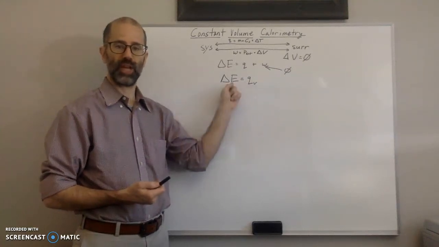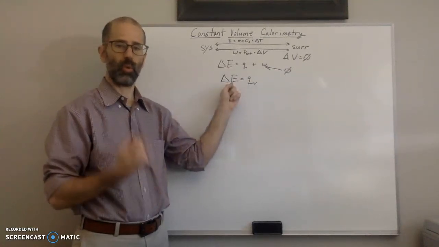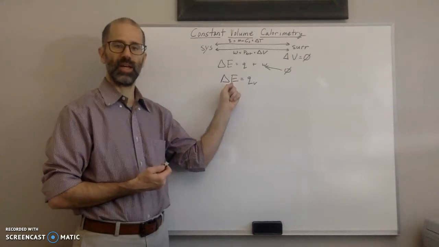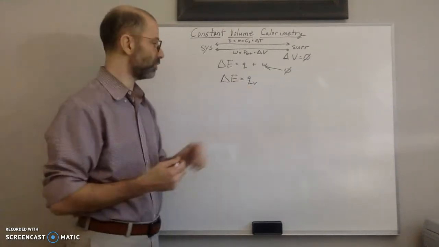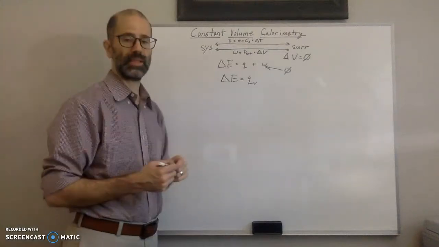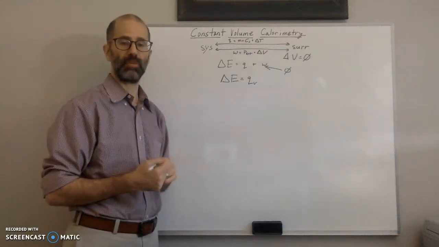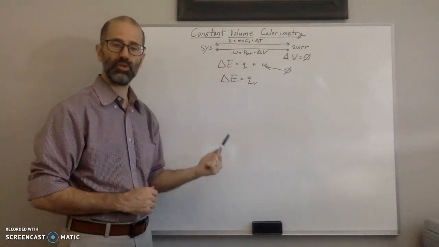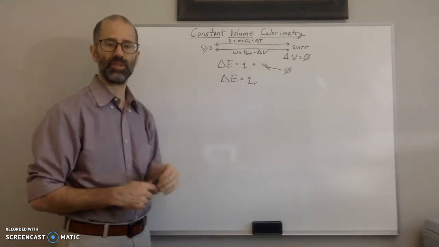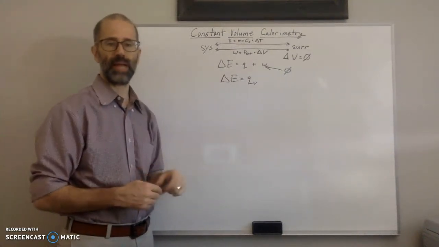And so the complete total change in energy of the system is going to be the heat. And so the only surroundings in this case is going to be the calorimeter. The calorimeter that we're going to be using in this type of situation is called a bomb calorimeter.